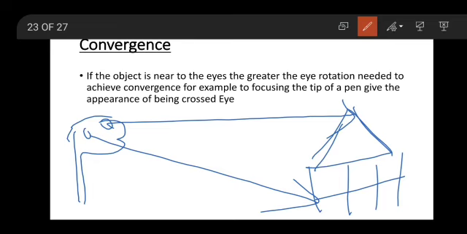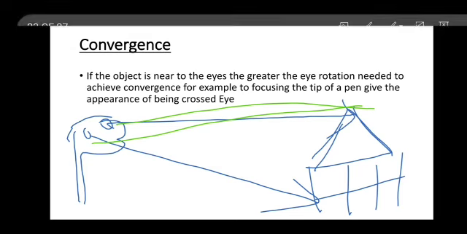If you see the roof of the home with both eyes, then only you will see the correct image in your brain. When you see a single image from both eyes, and you are able to focus on a single image with both eyes, then it is called convergence, meaning pointing at an image at a time. So convergence is very important to perceive the right image at a time.